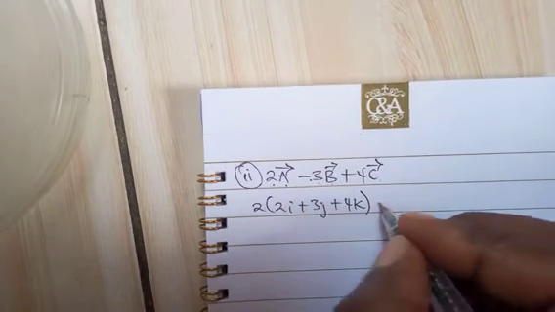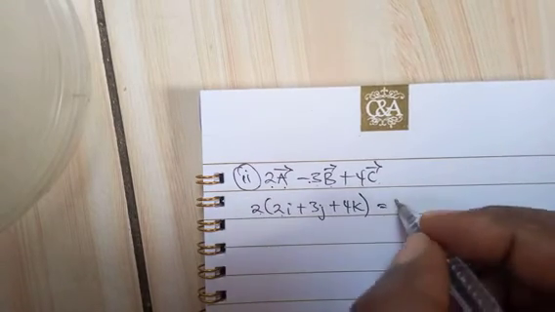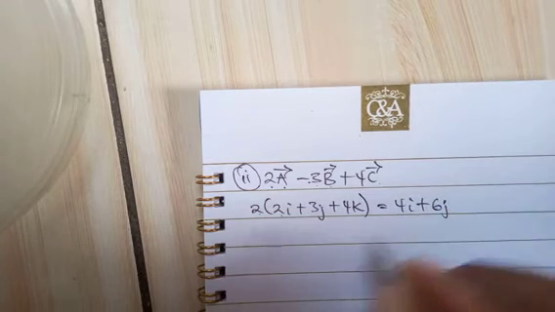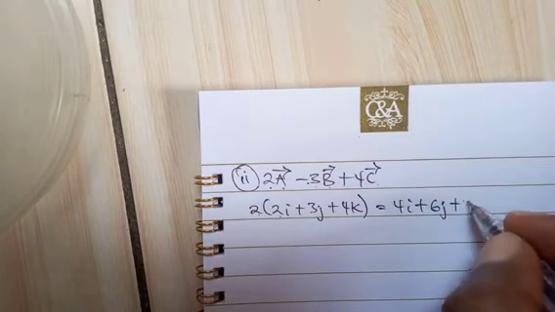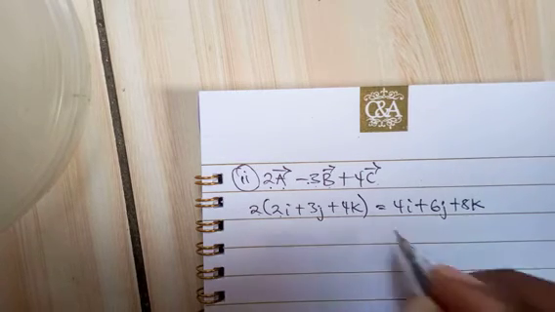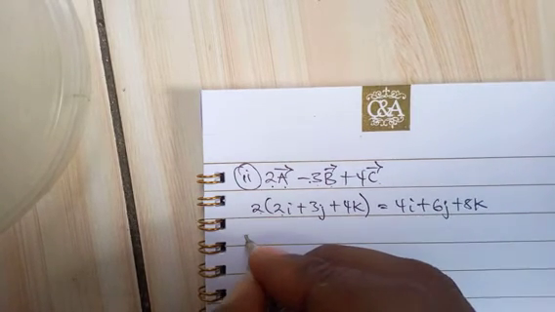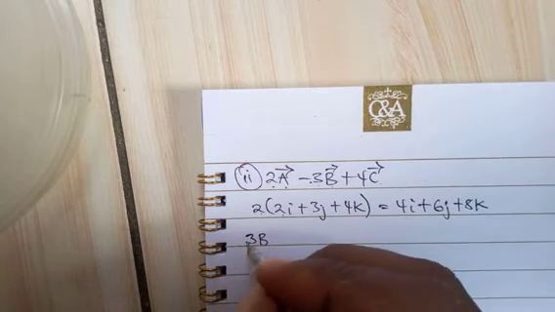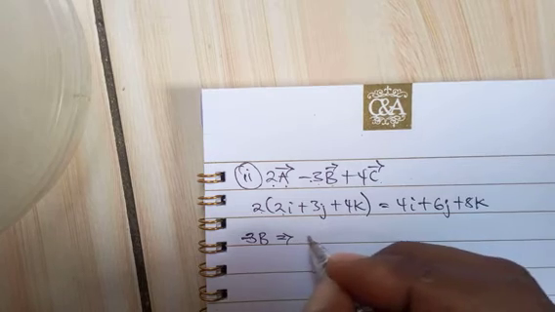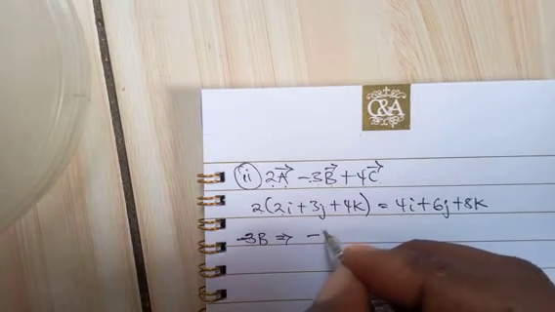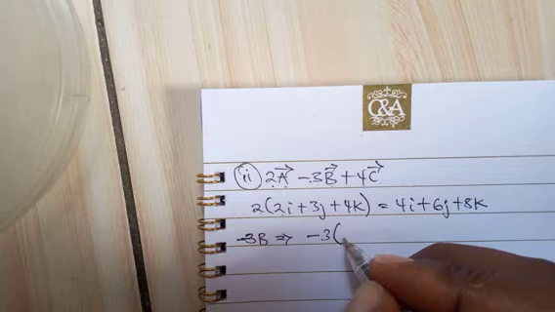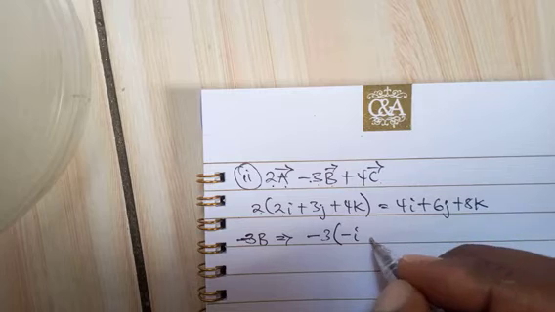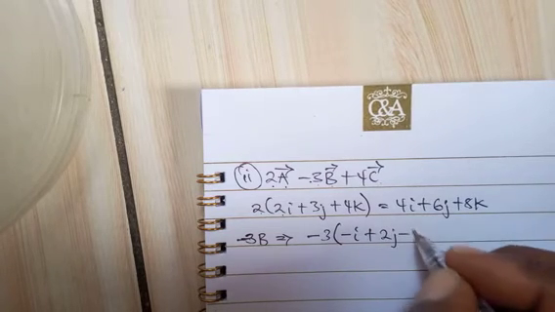So if we find this out, 2 times 2 will give you 4i, 2 times 3 is going to give you plus 6j, 2 times 4 will give you plus 8k. So this is 2A. The next one is minus 3B.